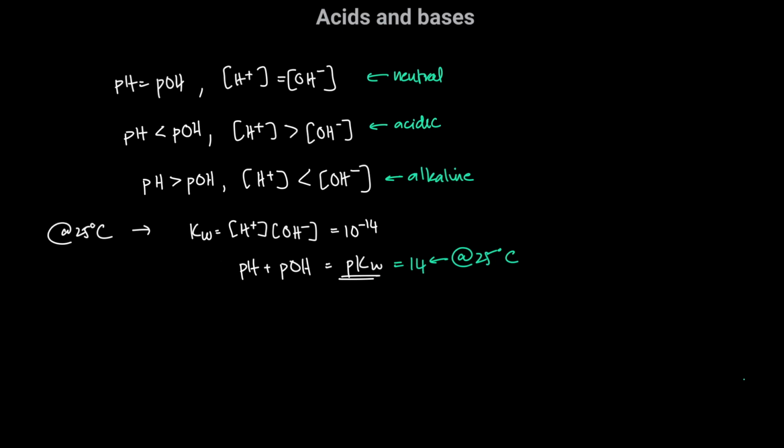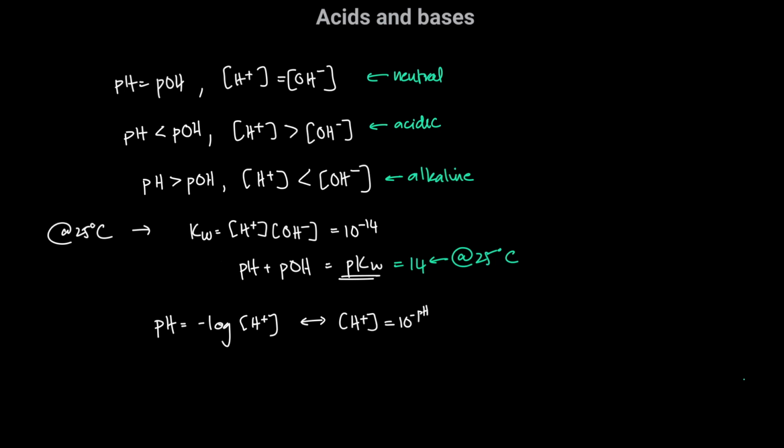So what we've also learned is that in any solution, the pH is the minus log of the concentration of H+ ions. If you were given the pH and wanted to find the concentration of H+ ions, you can say that the concentration of H+ ions is equal to 10 to the power of negative pH.